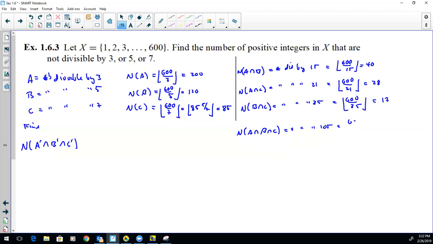So take 600 divided by 105. It doesn't go into it evenly, but this is 5. It goes into it 5 times completely. There's a remainder left over.